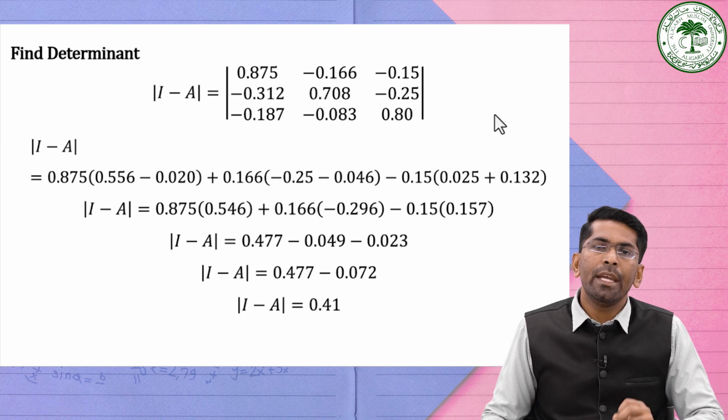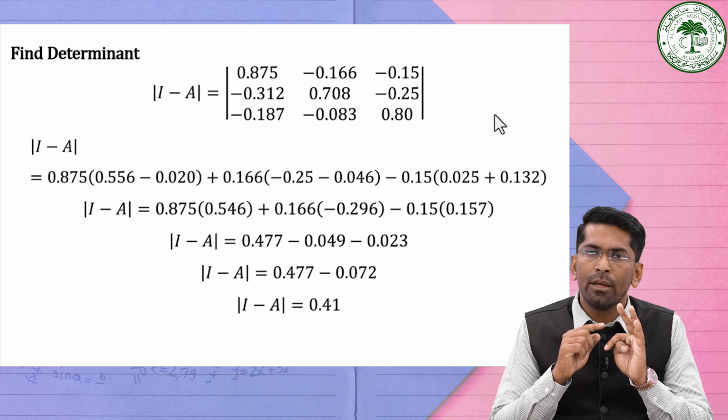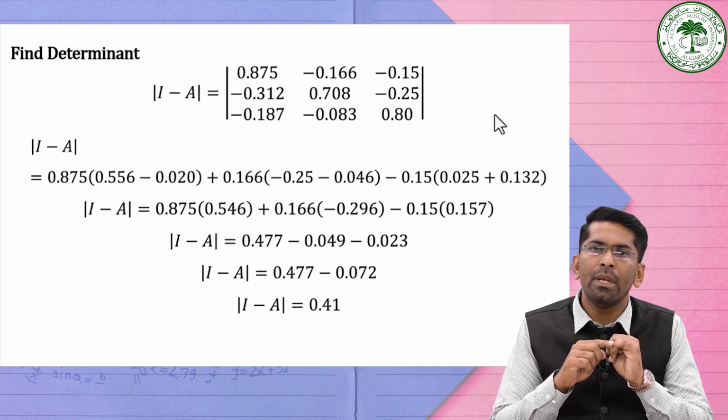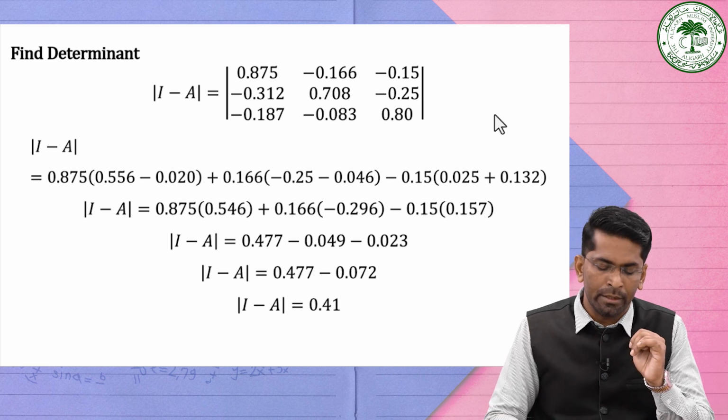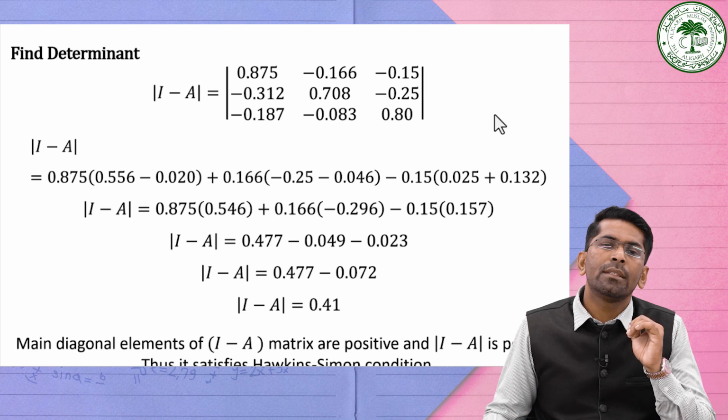In order to find the inverse of the given matrix, first we have to calculate the minors, then the cofactor matrix, then the adjoint, and ultimately we can find the inverse of the matrix. Before that, see whether the Hawkins-Simon conditions are satisfied. This was also our second question.